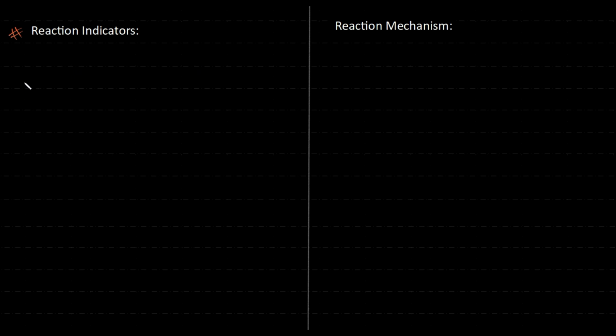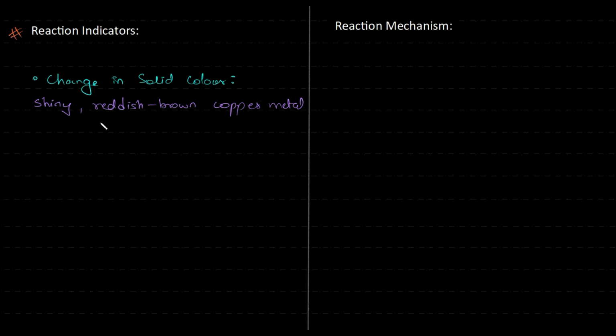Now, the question is, how do we get to know if the reaction has happened? Obviously, one way is a change in color. A shiny reddish brown copper metal, by now you should know this is reddish brown, we have encountered this in many places.